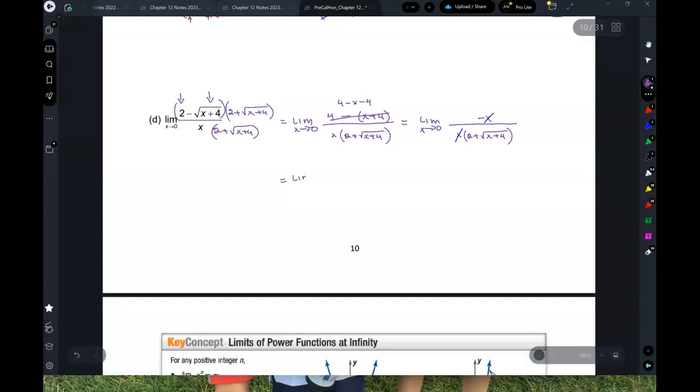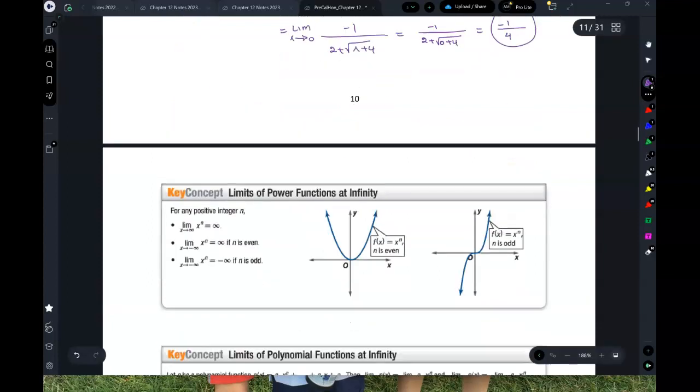So I have the limit as x approaches 0, negative 1 over this. Now I try plugging in the 0. I will not get 0 over 0 anymore. So I get negative 1 over 2 plus 0 plus 4. That's negative 1 over 2 plus 2, negative 1 over 4. So you see how we solved that problem.